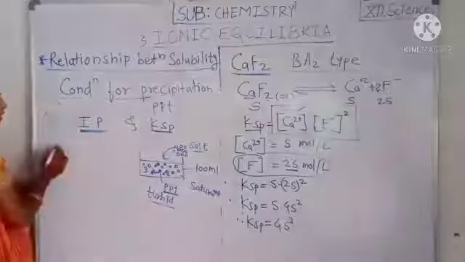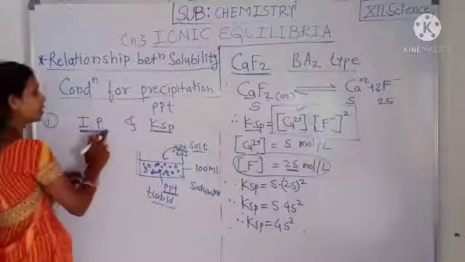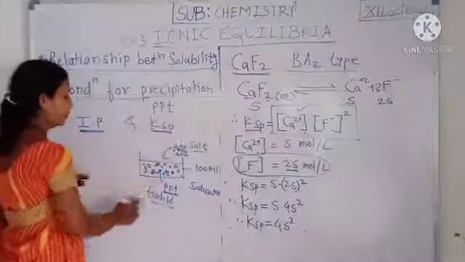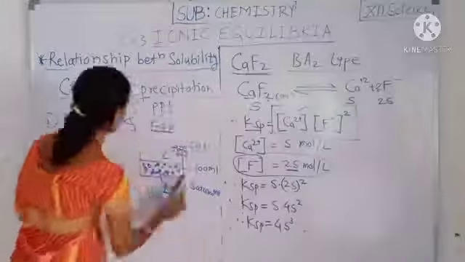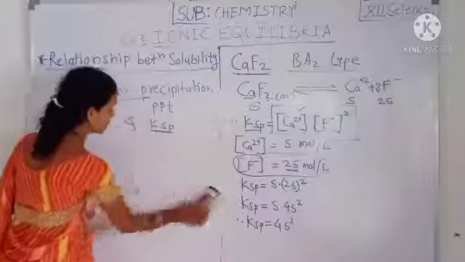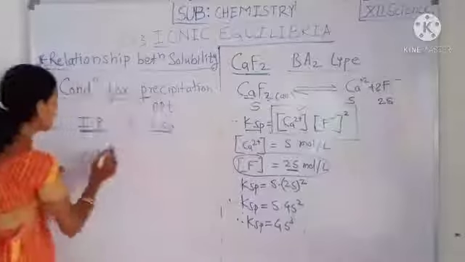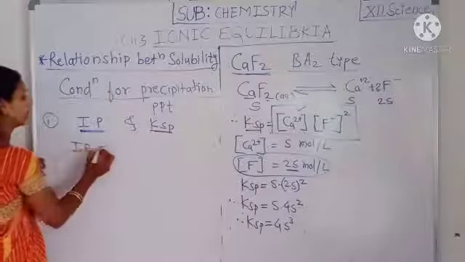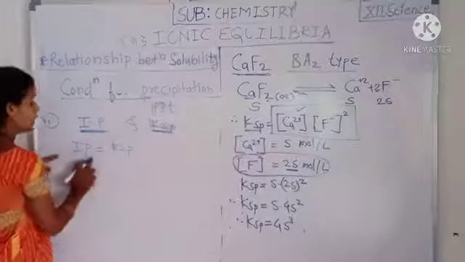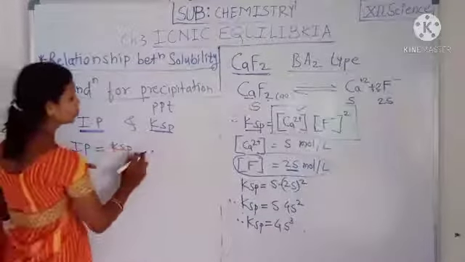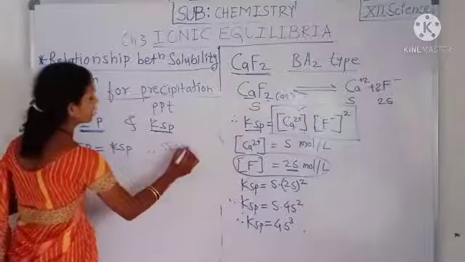That means there are three conditions which depend upon the ionic product and Ksp of the salt. See here, if the ionic product and Ksp of that salt are equal, then that solution is a saturated solution.